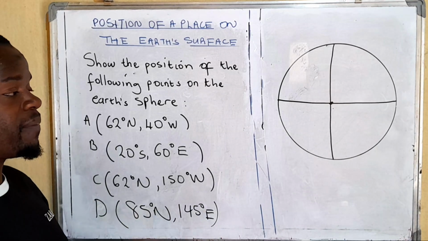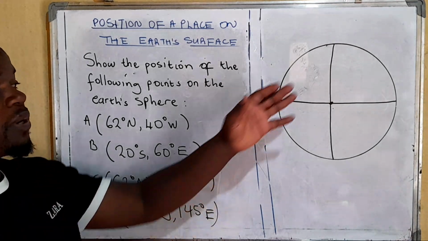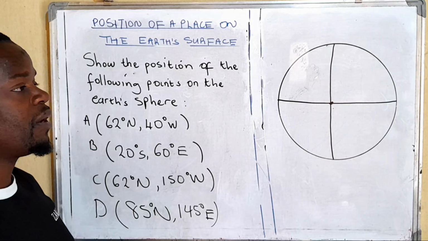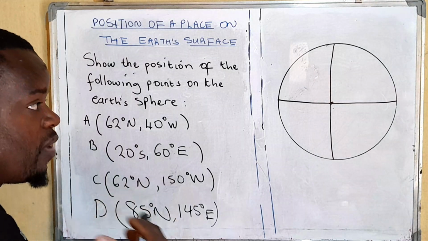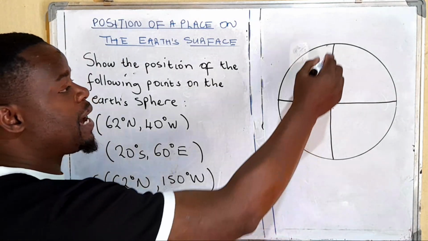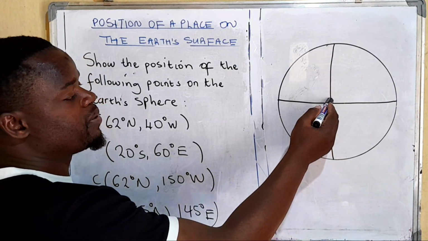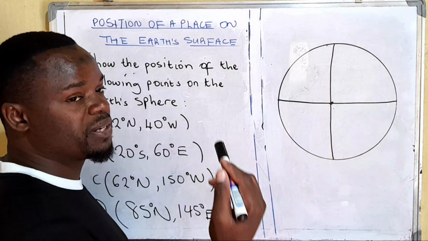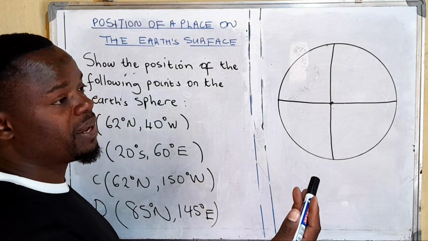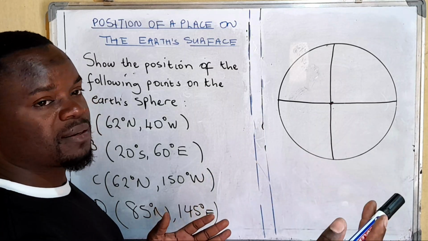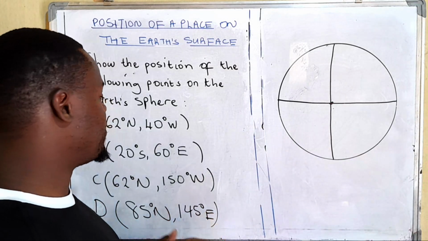Equally, it's the same thing when we are talking of longitudes. Those with smaller magnitudes of degrees are closer because the prime meridian is actually 0 degrees. Equally, the equator is 0 degrees. So we start measuring from them and then we extend farther away from them.